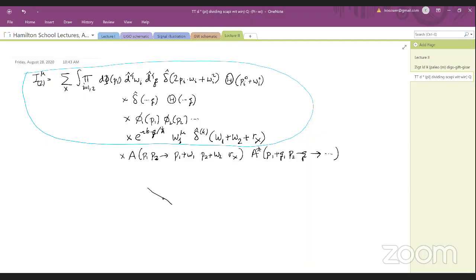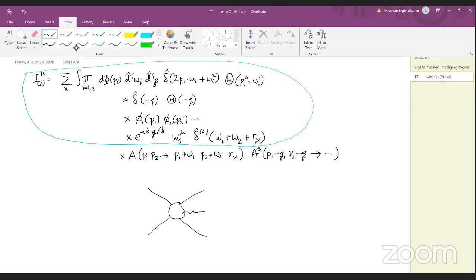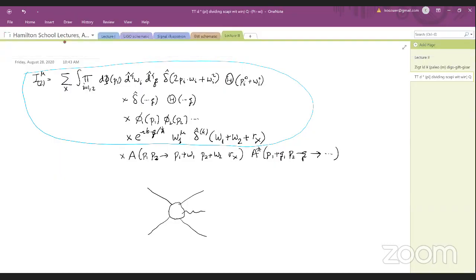So we have two amplitudes, an optional additional momentum Rx.